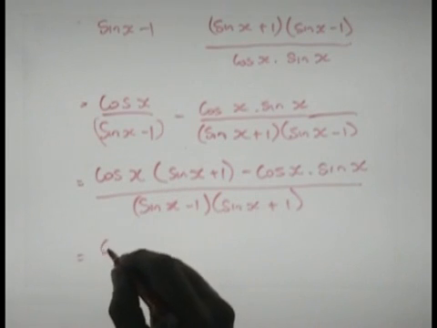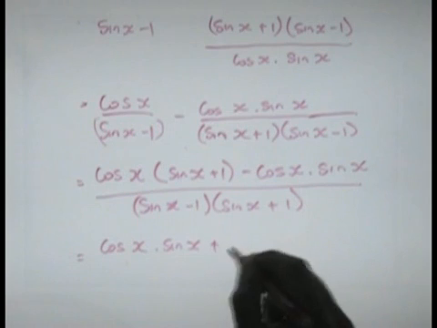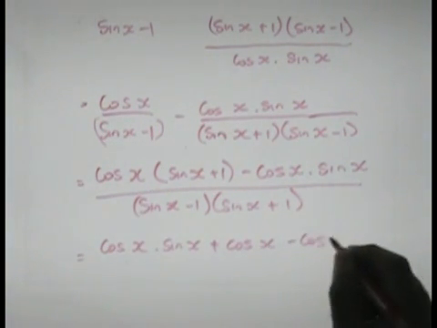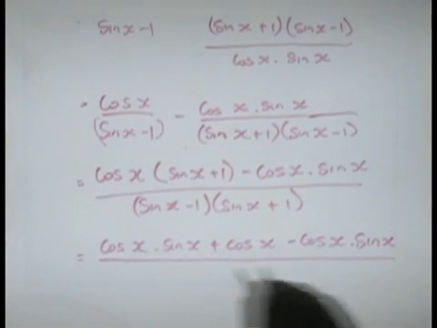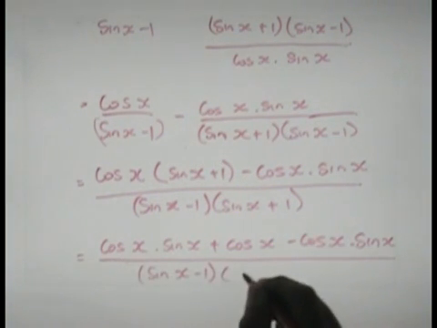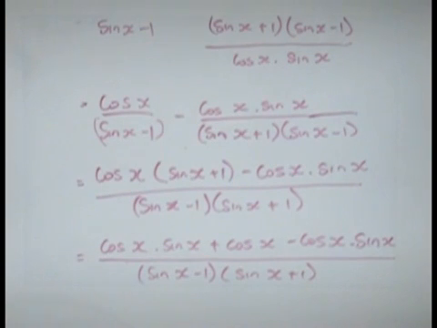Cos x times sine x plus 1 will give me cos x sine x plus cos x minus cos x times sine of x, all of that divided by sine x minus 1 multiplied by sine x plus 1.